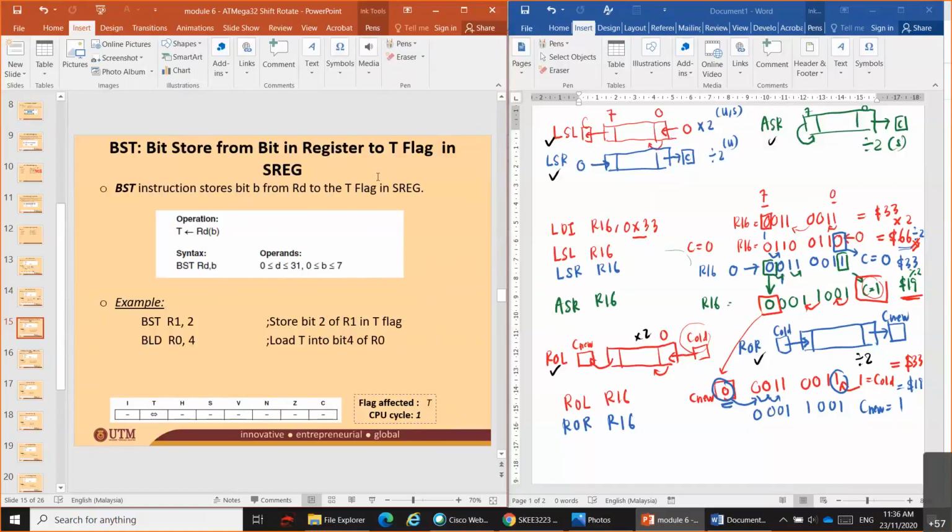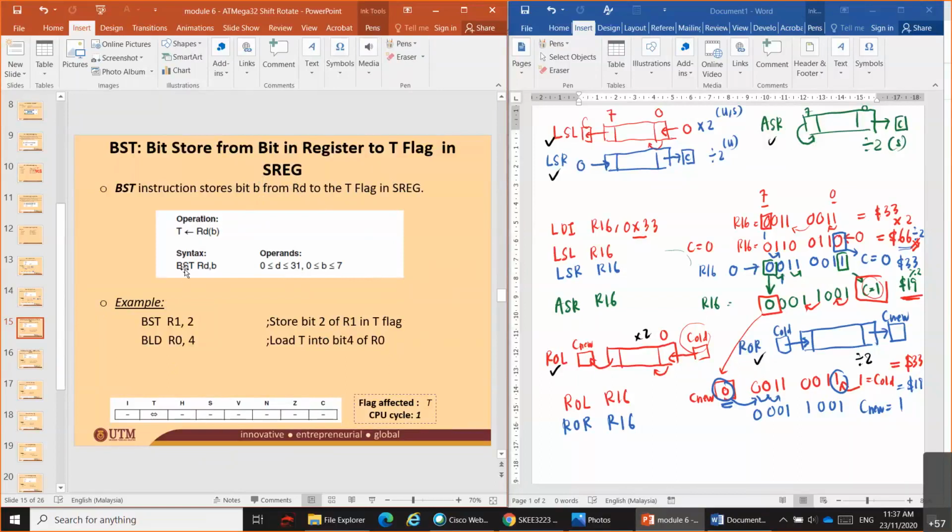It means you go to the location of the bit inside your GPR, get that value and store it to your T flag.